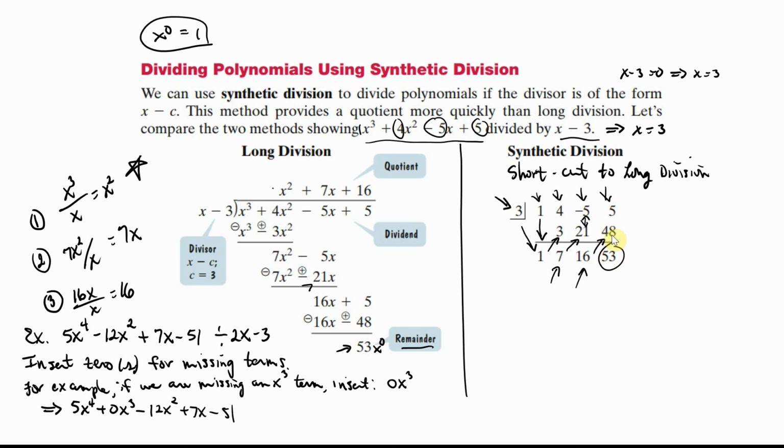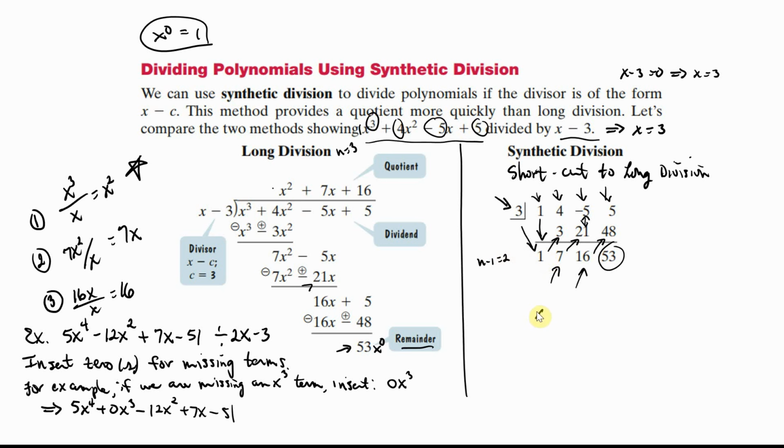That's your remainder. Now look at the terms that you have here, 1, 7, and 16. Those are the coefficients of the answer. But these coefficients are matched with whatever the degree was in the beginning. If it was 3, then for synthetic division, this is going to be n minus 1. So my power would be 2.